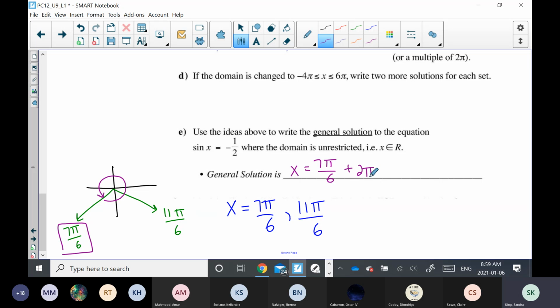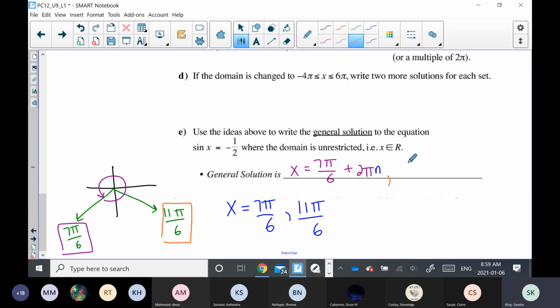And to show that you're going to add or subtract, you just tack on an n at the end. So that means you could go in the positive direction once, twice, or you could go in the negative direction once, twice. The second general solution, because now we have to do the general solution for this answer. So you're going to hit comma.